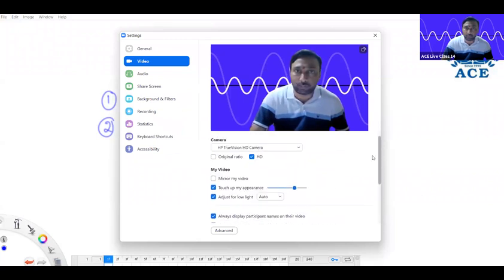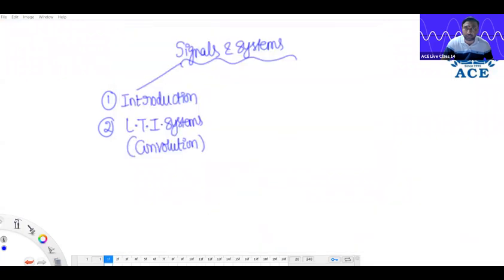Convolution is used to obtain the overlap portion between two different signals. If you know an input and a system, how to get the respective output, that is decided by convolution. That we are discussing in the second topic.